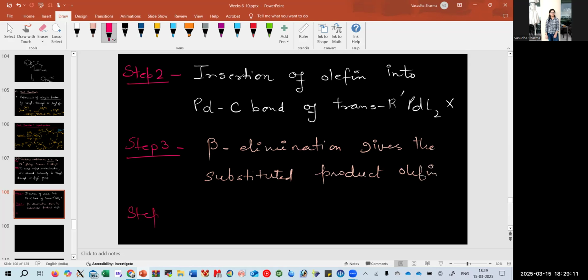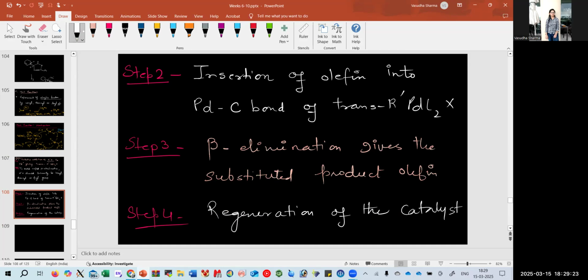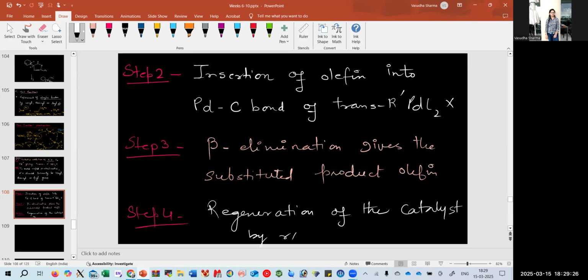And at last, we have step 4, which says regeneration of the catalyst by reaction with base Et3N.